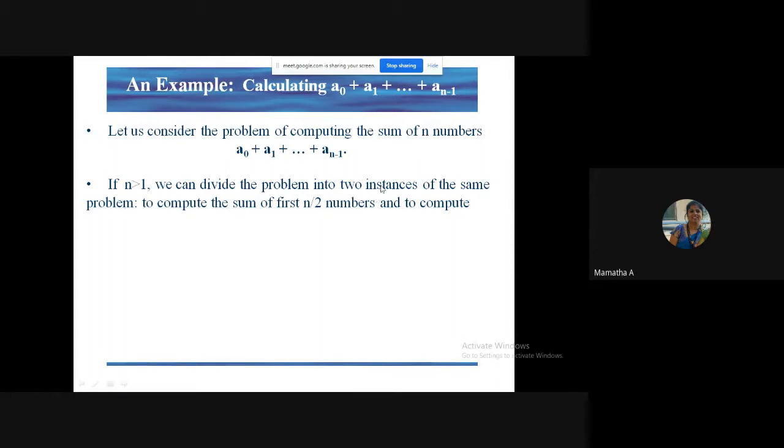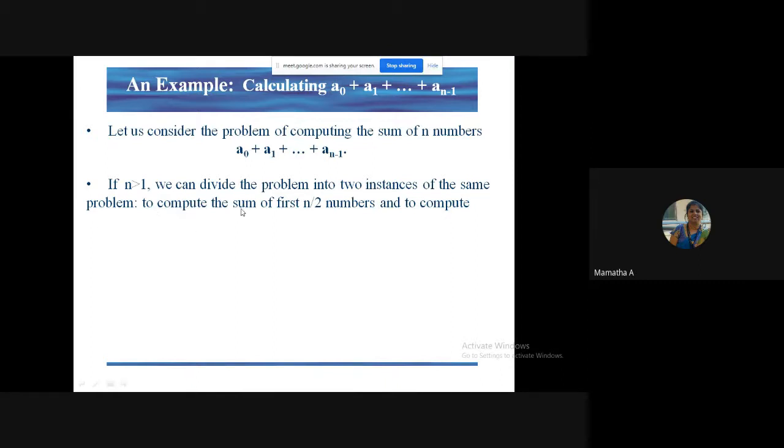That is, if I break an array, I get an array only. If I have an apple and slice it, I get an apple. I will not get an orange or mango there. Slicing will give me the same, isn't it? We can divide the problem into two instances of the same problem.